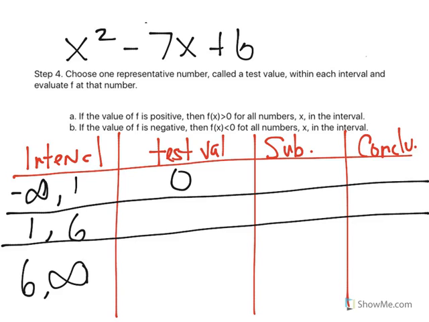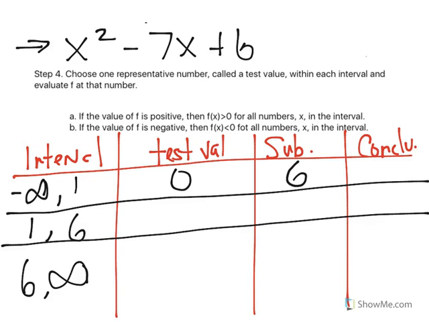So 0 is my test value. And if I plug 0 up here, this would be 0 squared minus 7 times 0 plus 6. What would that be? That would be 6, right?